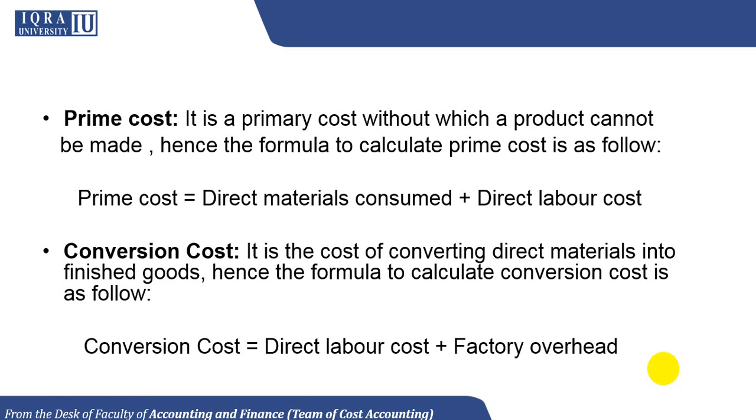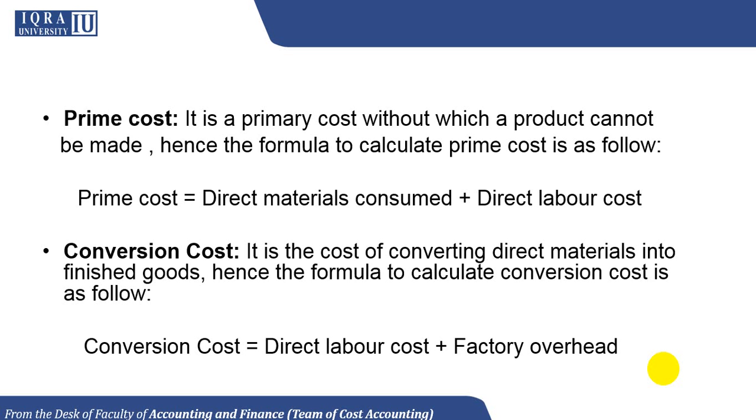Okay, what is the prime cost? Prime cost is a primary cost without which a product cannot be made. The formula for calculating the prime cost is the direct material consumed plus direct labor cost. We also have the conversion cost; these are terms which we will use frequently in cost accounting and management accounting.